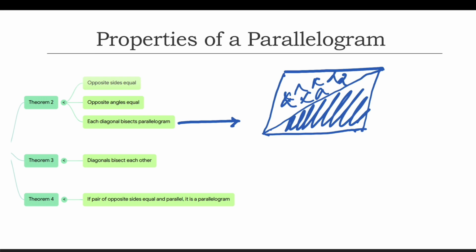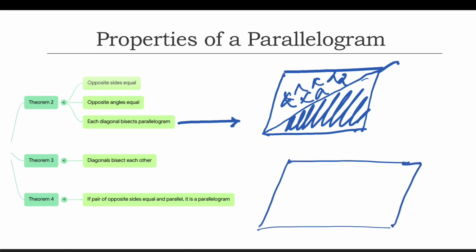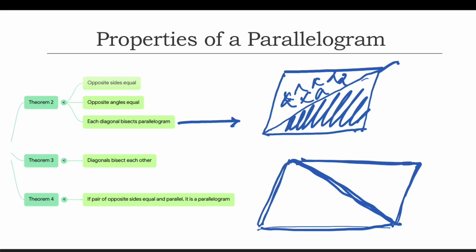So it is basically bisecting the parallelogram in half. The same would be true if I draw the second diagonal. Rather than this diagonal, if I draw this diagonal also, this is one triangle coming out of the parallelogram, and this is the second triangle. Both will be equal in all aspects.